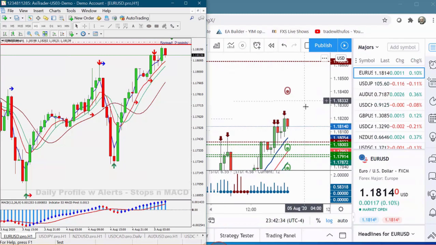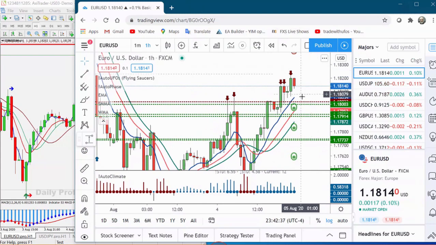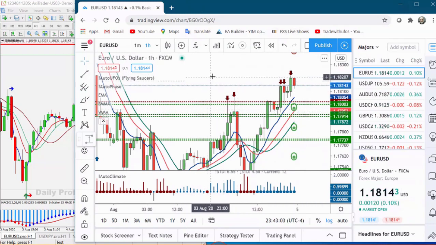So here we can see price. This is the bottom of that sell zone, and it's sitting right on top of a buy zone. So there's not much I can do for this setup.